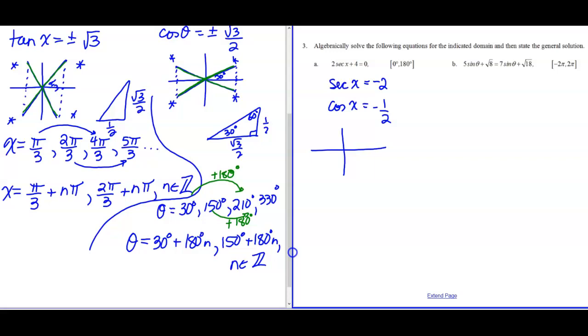Negative 1/2. Where's cos negative? In the second and third. Okay, cos means that's your x value on the unit circle. So negative 1/2, that's going to be the shortest side. So it's going to be there and there. So the reference angle, we're doing it in degrees, the reference angle is 60 degrees.